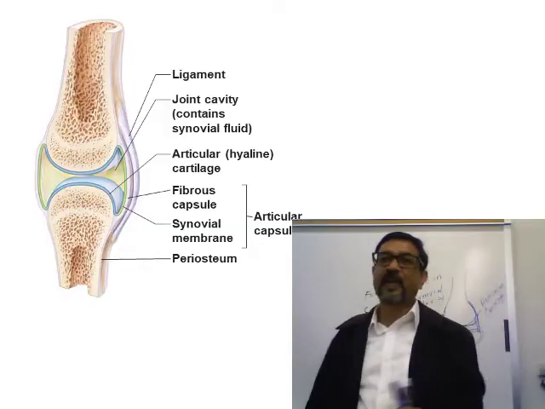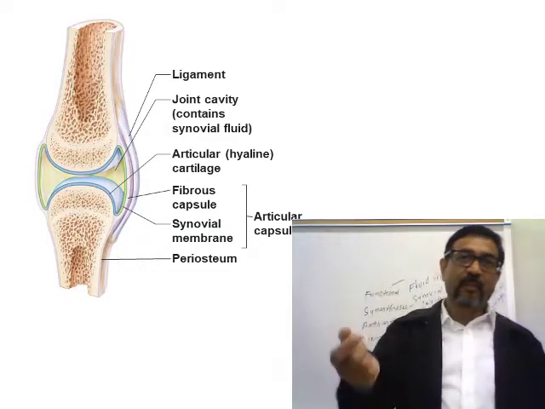Now, inner layer synovial membrane is important because synovial fluid is secreted from the synovial membrane. So synovial membrane secretes the synovial fluid, this fluid. That's why it's called synovial membrane.